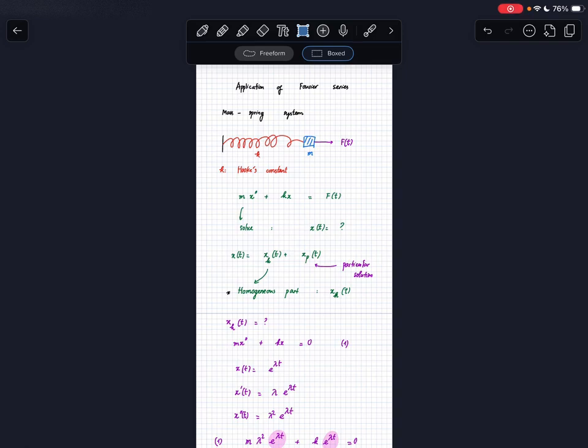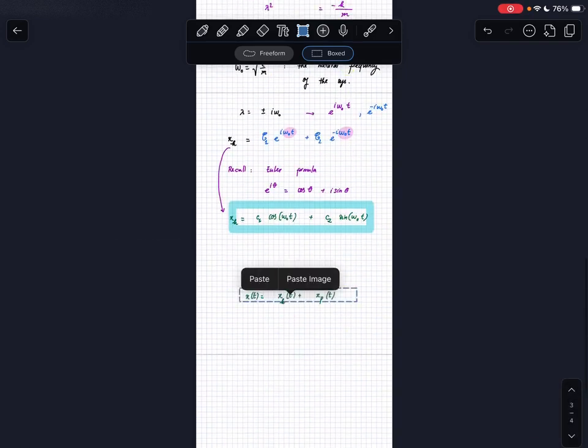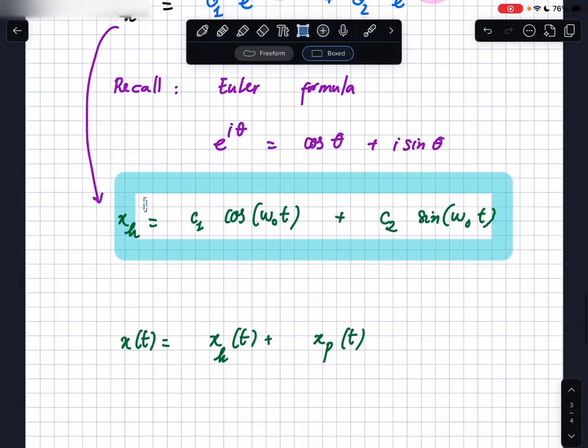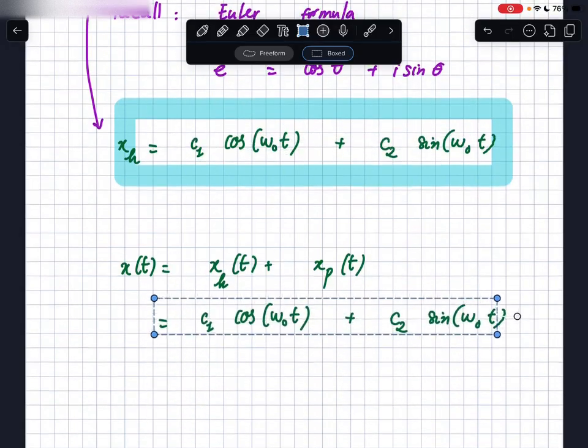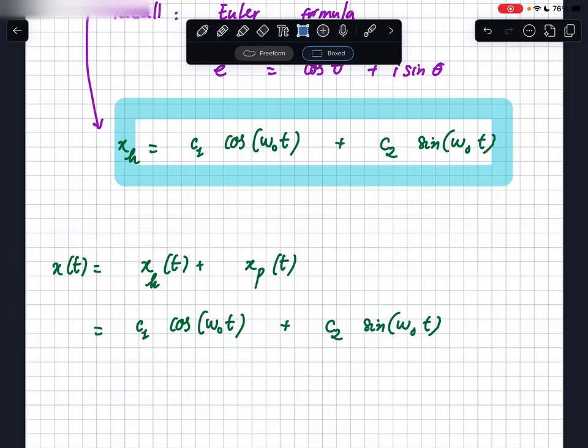So x(t) equals the homogeneous part or the complementary solution plus x_p(t). We will use Fourier series methods to compute this.